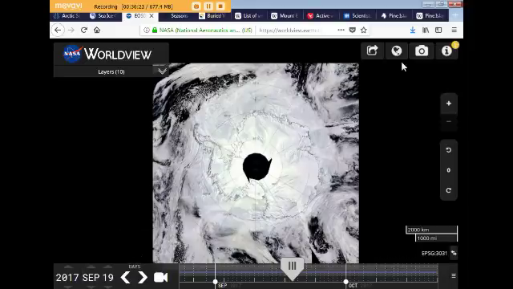So this is looking at Antarctica. If you want to change the view, you just click up here, click on the world and go to Antarctic. Now the reason, okay, it's wintertime down there, and so the sun isn't even shining.